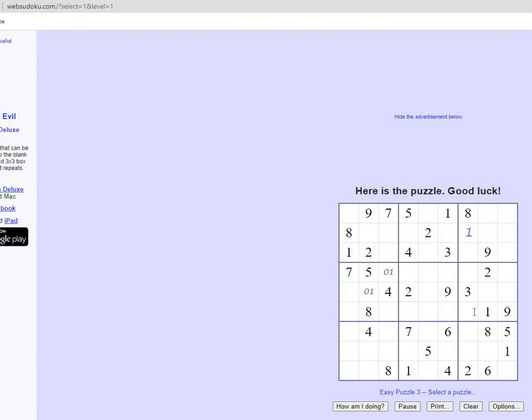Okay, let's proceed. One is at the bottom here, and there's one on the right, and one on the left, and one on the right, so one must be here or here. So I'll put a pencil mark here. Next one. We have one here already and one here, so there's one here at the bottom and at the middle, and there's one also here at the left side, so one must be here.